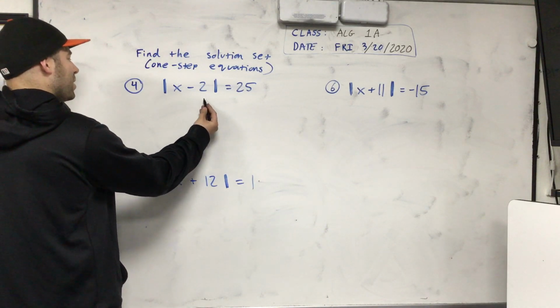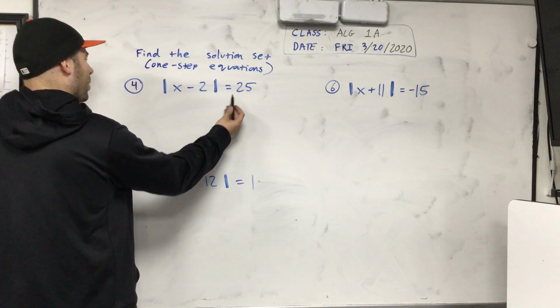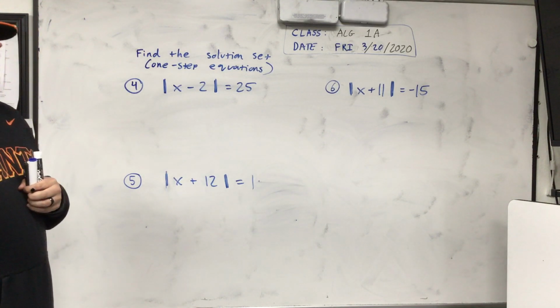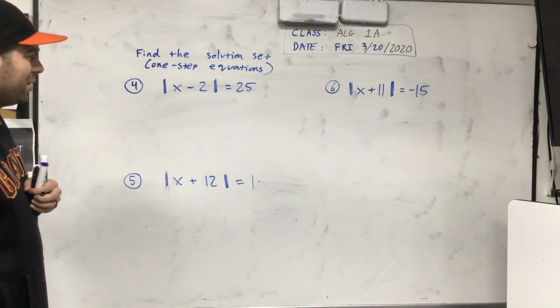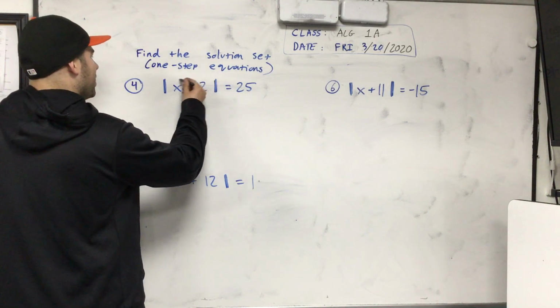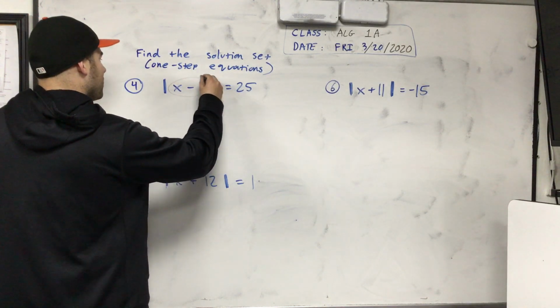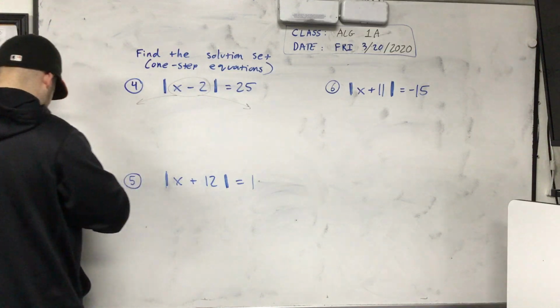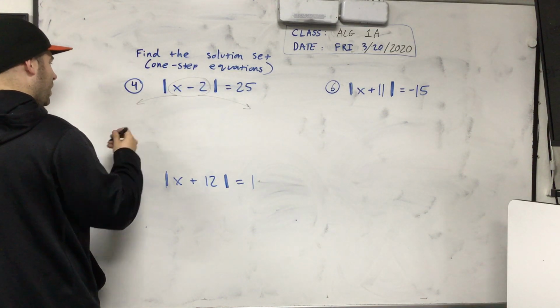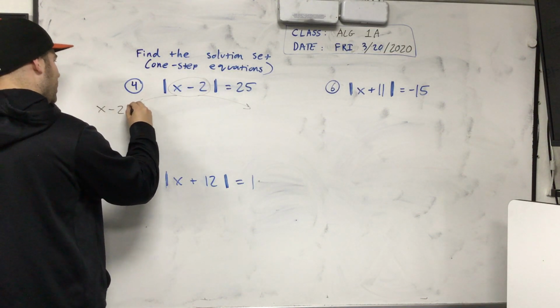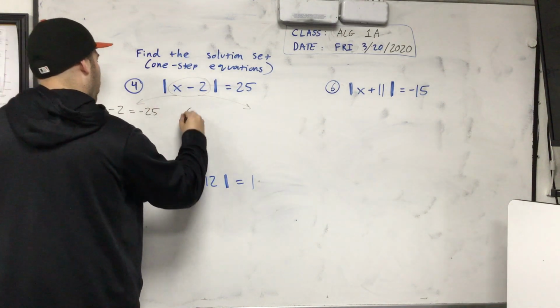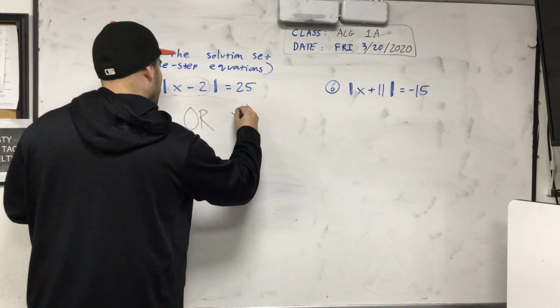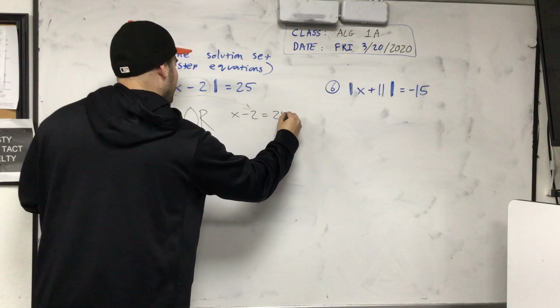Absolute value bars. Does this equal a positive output or a negative output? A positive output. So I'm going to split this into 2 cases. Specifically, x minus 2 can equal negative 25, or x minus 2 can equal positive 25.